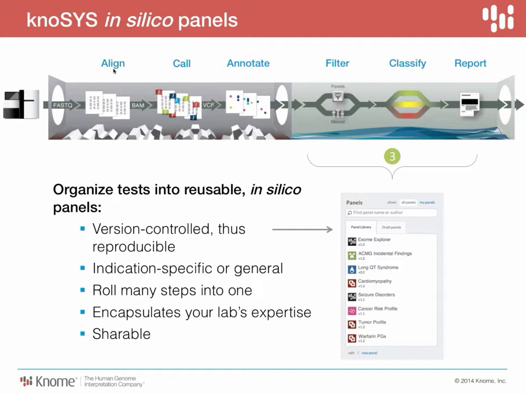And you can roll many steps into one, many sub-analyses into one, encapsulating your lab's expertise to make it efficient and then shareable as well. So these panels can go from lab to lab, be modified as needed for their purposes.